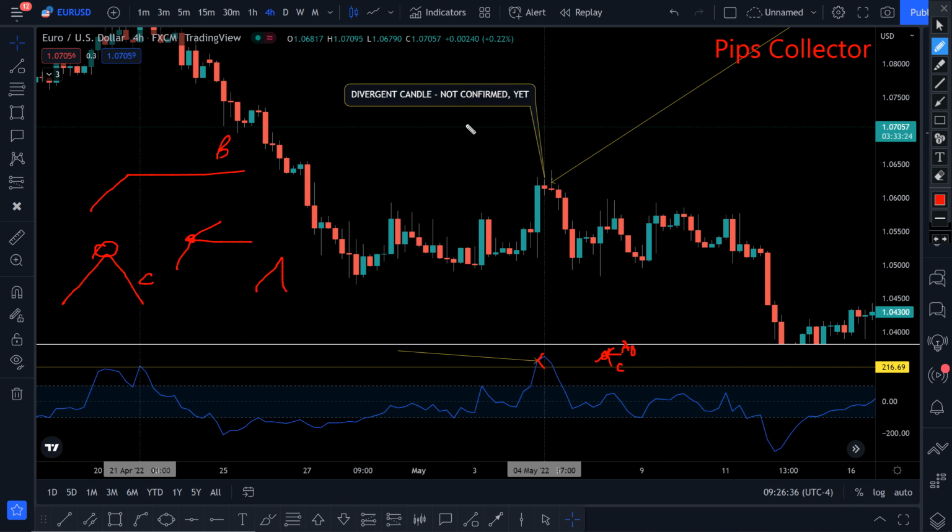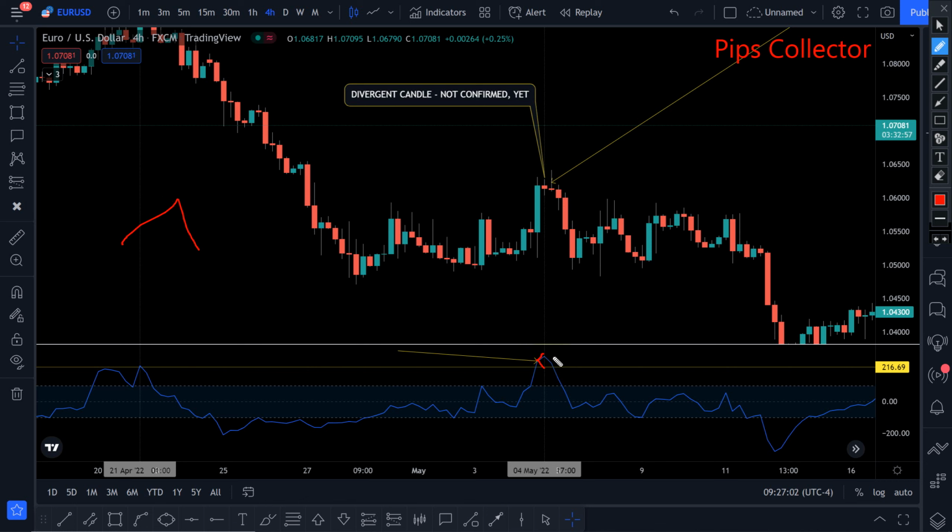Then again, this is not confirmed until this particular candle you're looking at here opens and closes. Once the candle closes, we can confirm using our indicator if we have the option C, which is this peak.